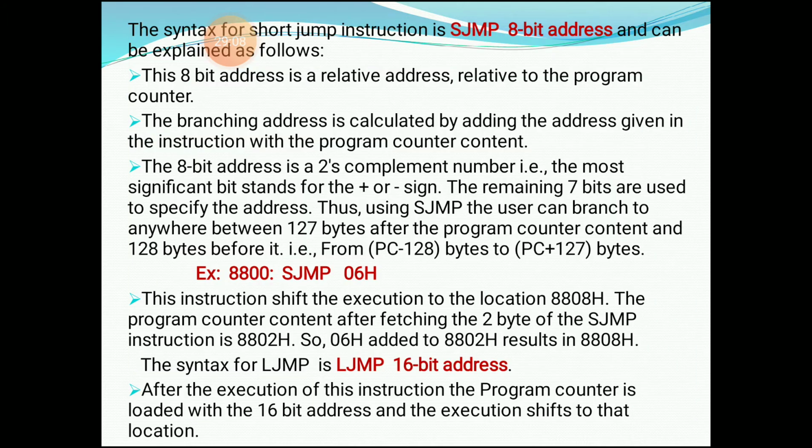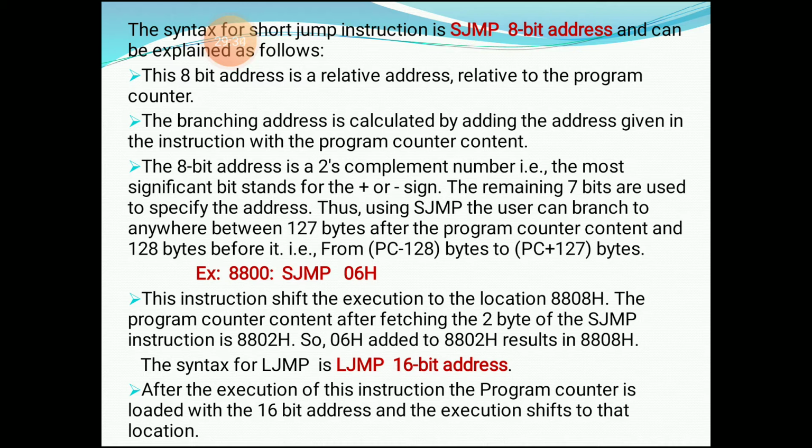Now let us see the various operations of the branching instructions. The syntax for the short jump instruction is SJMP 8-bit address. This instruction can be explained as given below. The 8-bit address is a relative address, that is, relative to the program counter. The branching address is calculated by adding the address given in the instruction to the program counter content.